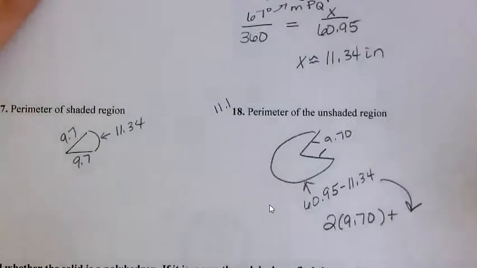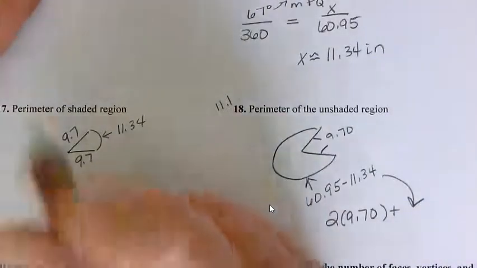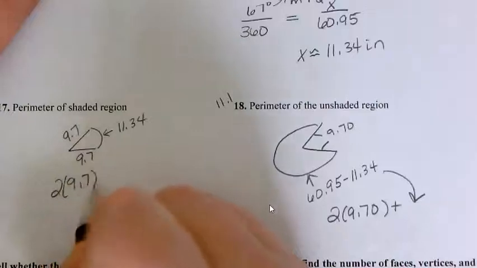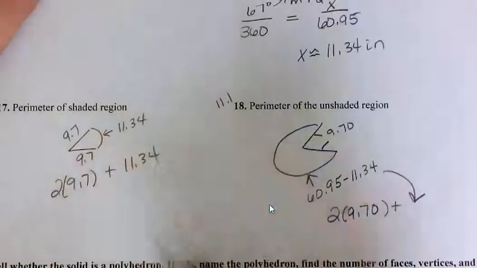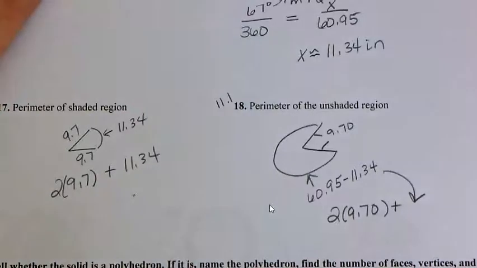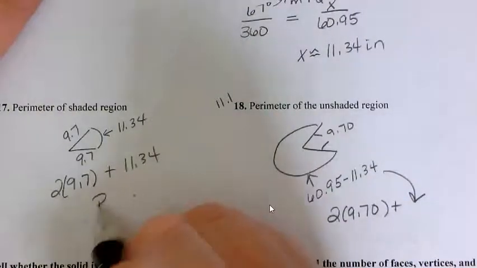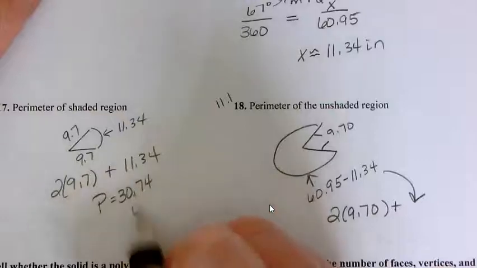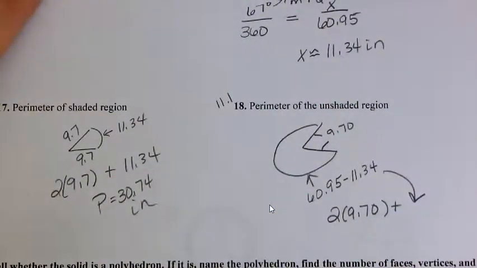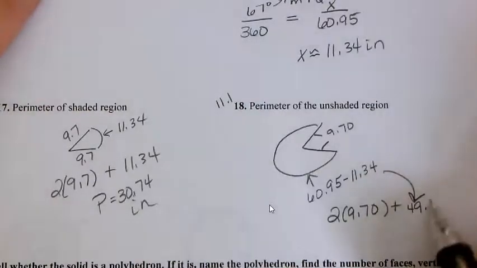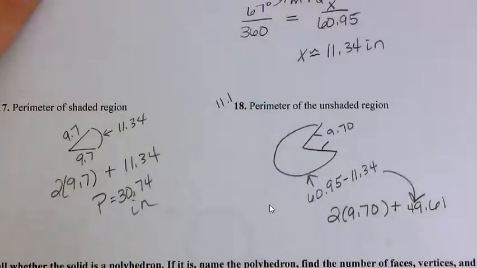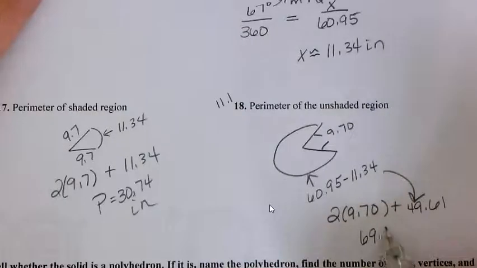That would equal the answer to 18, and 2 times 9.7 plus 11.34 will give you this measurement. So this is roughly 30.74 inches, and this one is roughly 69.01.